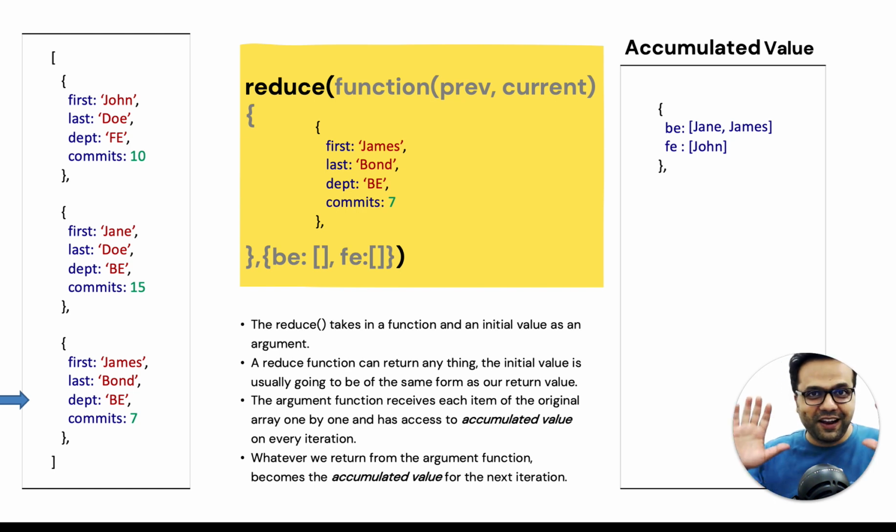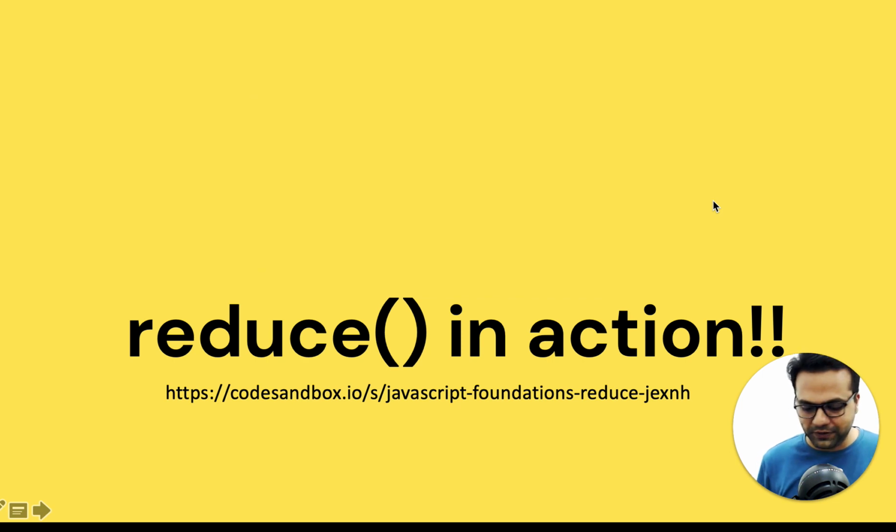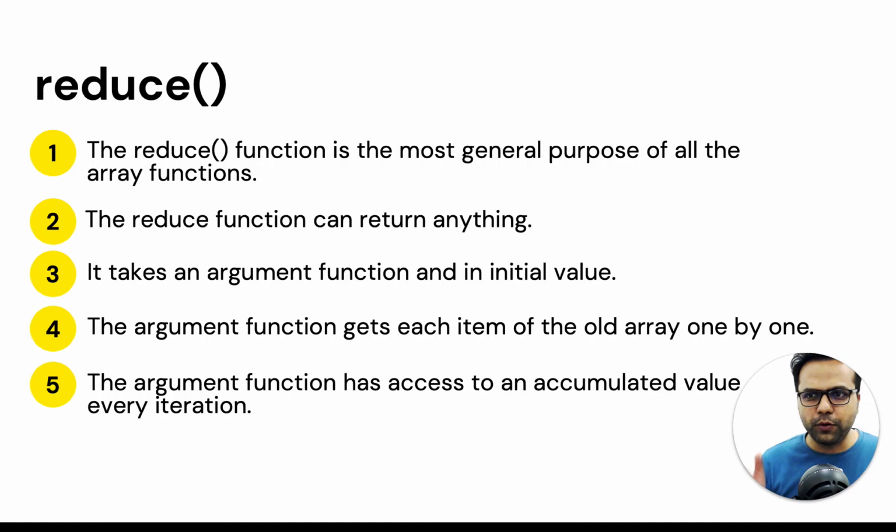I know it was a lot of concepts, and I tried to simplify it as much as possible. So now let's see reduce in action. And before moving to code, let me summarize whatever I did so far. So the reduce function is the most general purpose of all array functions. Okay, it can return anything.